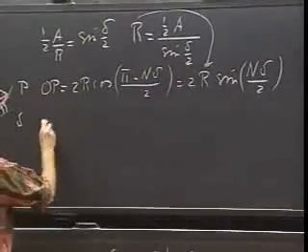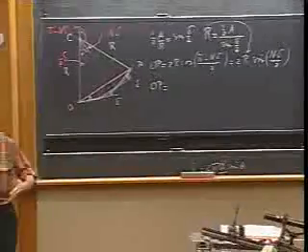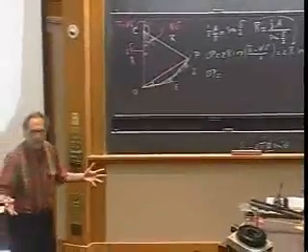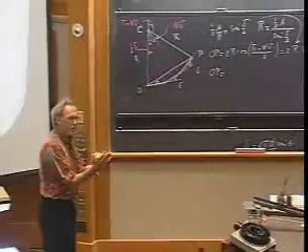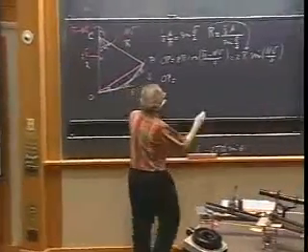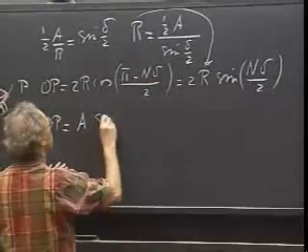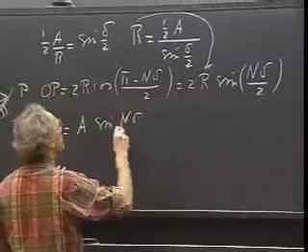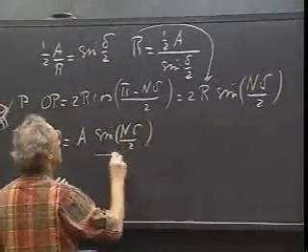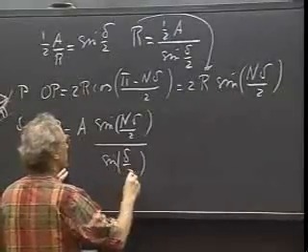And so now I get that the length of that vector OP, which is really my goal, that is the vectorial sum of n E vectors, the adjacent ones off by phase angle delta, that is going to be 2 times r, so that gives me an a upstairs. And then I get the sine of n delta divided by 2, divided by the sine of delta divided by 2.